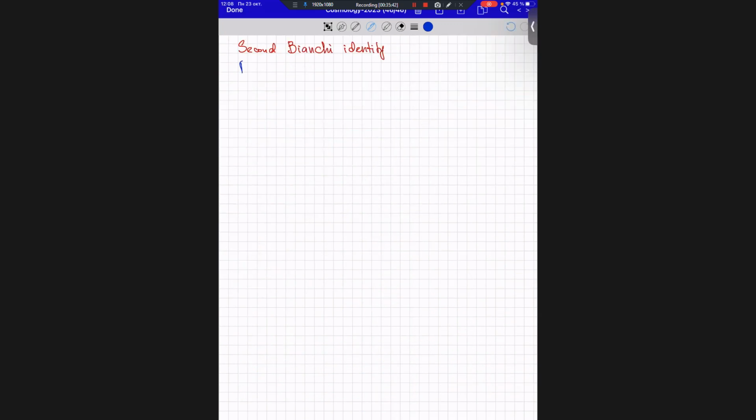So I have R_{JMKL} covariant P, for example.